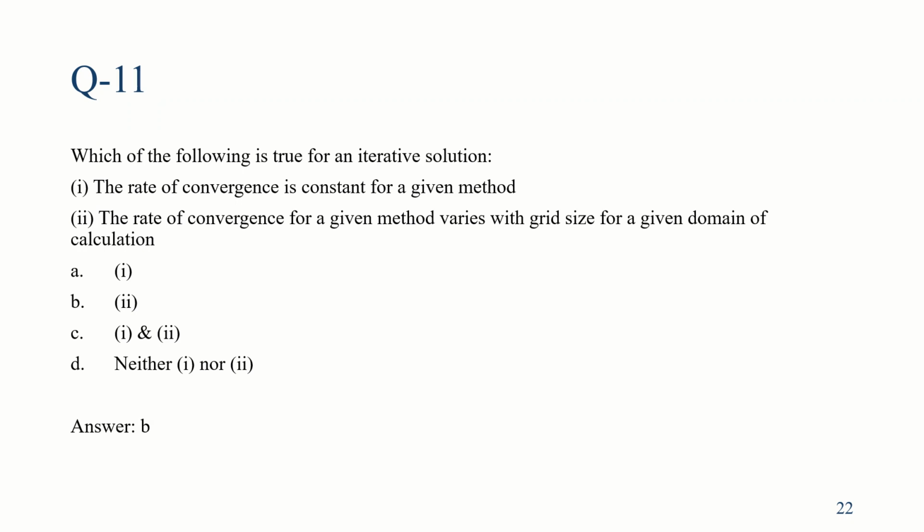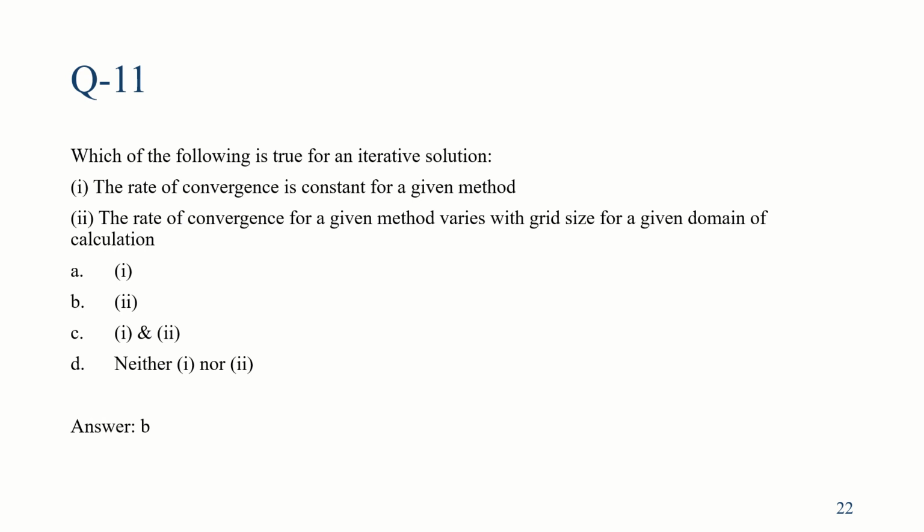Okay. So the first one, rate of convergence is constant for a given method. What we are saying is that rate of convergence again depends on dt, dx, everything. So it again depends on the dx. So even though the method is the same, the rate of convergence would depend on the grid size as well.